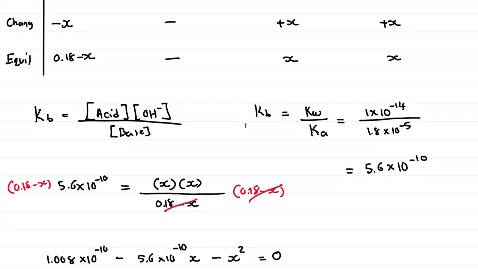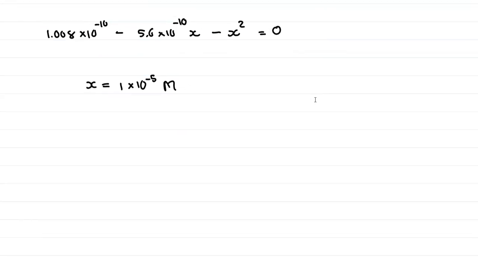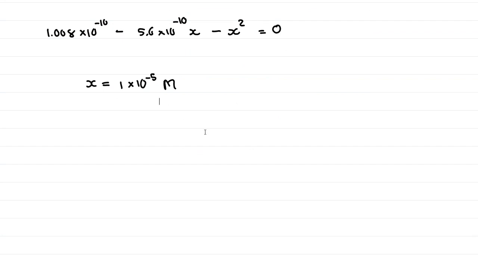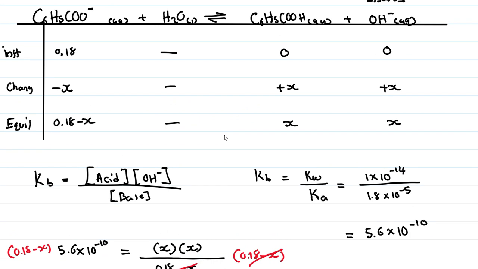Now that we have the concentration of the hydroxide ion, we can find the pH. How are we going to do that? We have pOH, because we are using the concentration of OH.